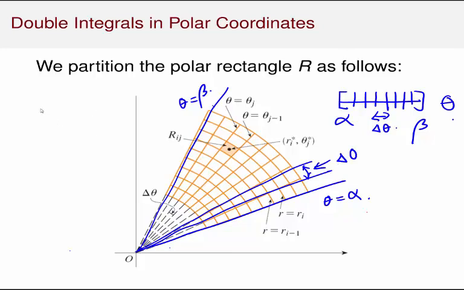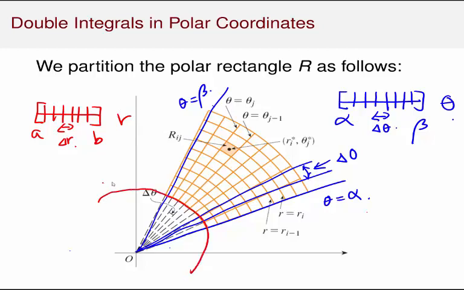Now suppose we have the partition of the interval from a to b for the variable r into subintervals of size delta r. Then the values of r on this partition will give rise to a collection of circles that look something like this.